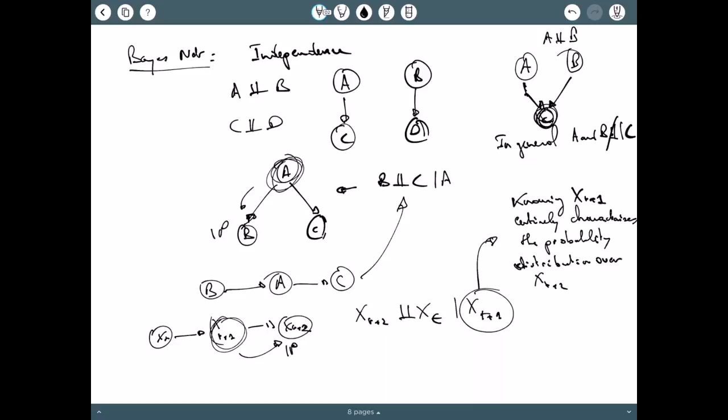And the last thing we may want to remember when we have a Bayesian network is the adaptation of the chain rule.